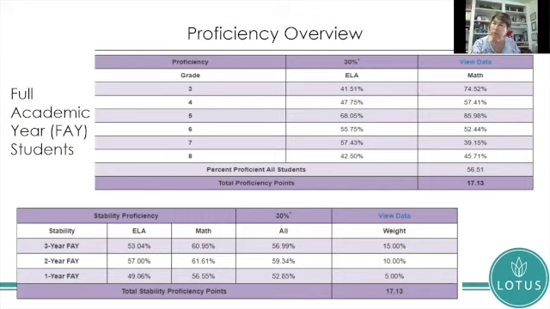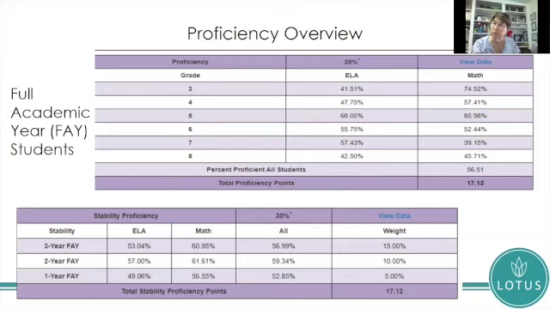The full academic year is enrollment in your school based on your calendar from day 1 to day 10, so enrolled within those first 10 days, and continuously enrolled until the first day of the testing window. What continuously enrolled means is that they haven't withdrawn and come back to your school during that time. So if students don't meet that definition, they're not included in the calculations for A through F.